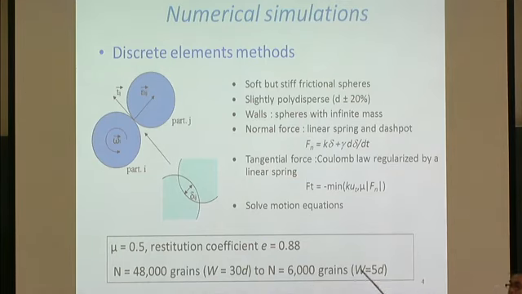So there were experiments, but I will mostly speak of numerical simulations here. These simulations have been made in about the same way as what I showed this morning, with a linear spring dashpot model. Some people explained it before, so I will go fast here. We took a friction coefficient of 0.5 in general, which will vary afterwards, and a restitution coefficient of 0.88.